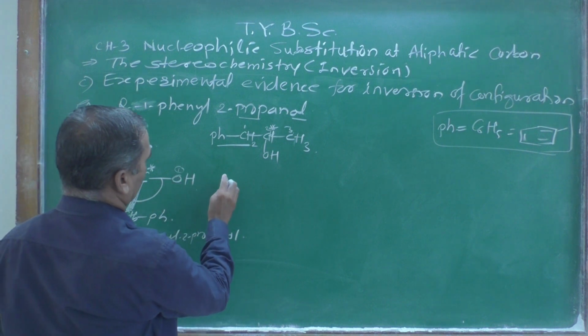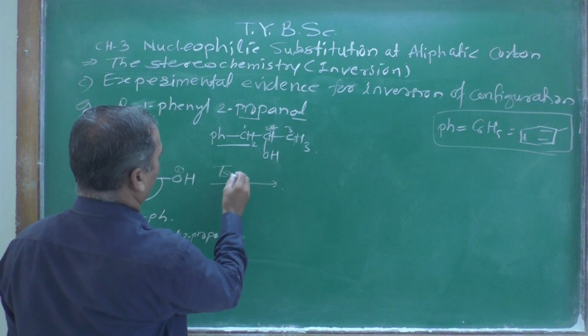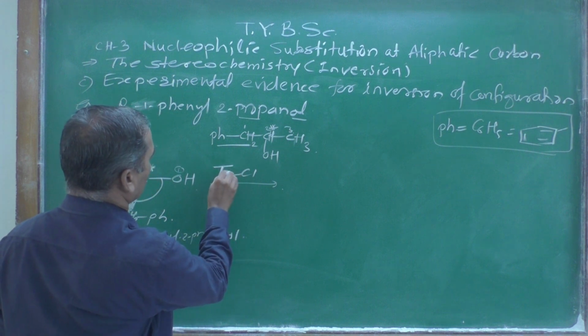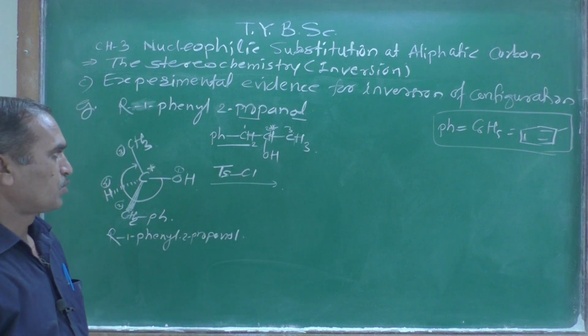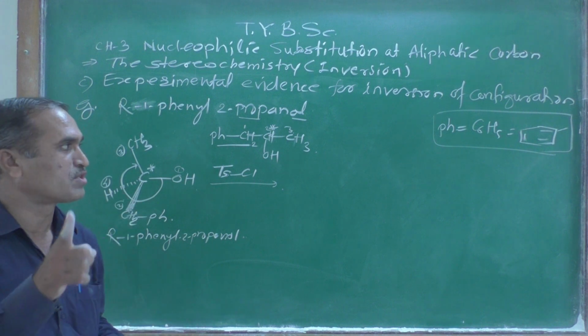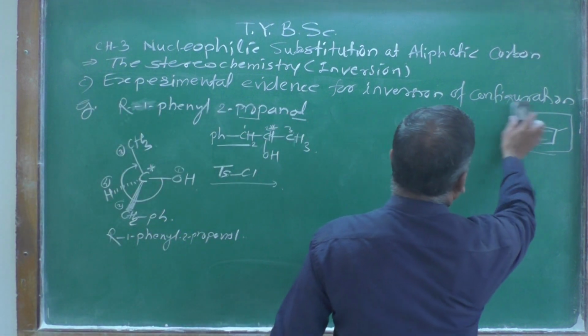Now this compound is treated with tosyl chloride, TsCl. Tosyl chloride is nothing but para-toluenesulfonyl chloride. Let me draw the structure of tosyl chloride.